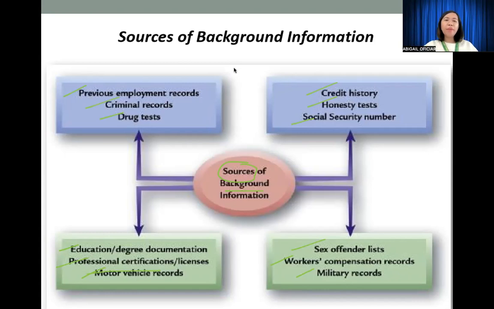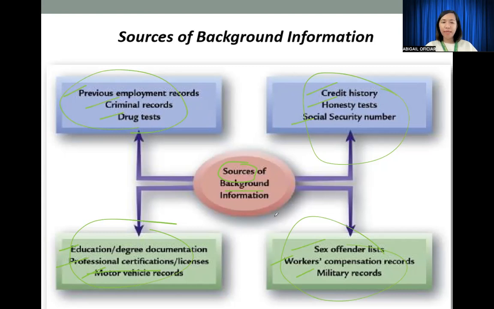No? So madami pa tayong pwedeng paghanapan na hindi lang doon sa references niya na nilagay. We can also look into this. Hanapin natin itong information about the person. With the permission of the person, of course, of the applicant. So, may consent. So, hindi tayo makasuhan. Okay? So, ayan.